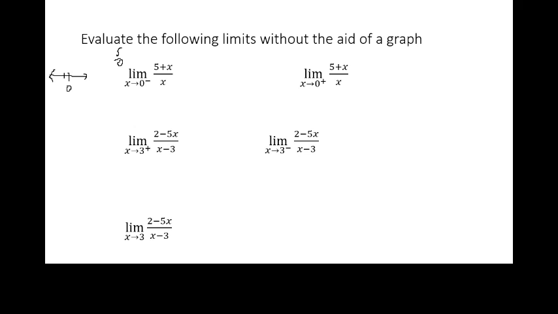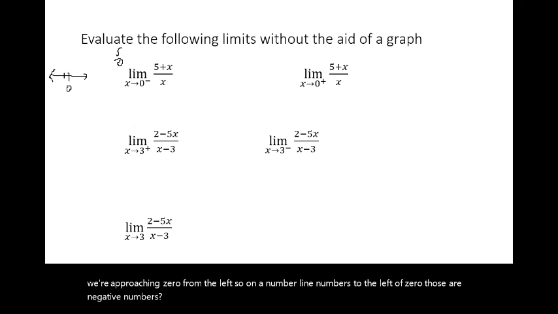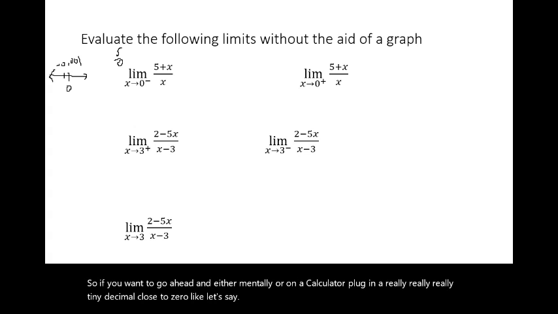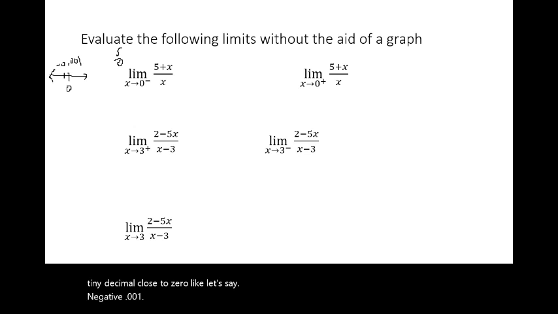If you want to, go ahead and either mentally or on a calculator, plug in a really, really tiny decimal close to 0. Like, let's say, negative 0.001. And see what happens when you plug that in. You don't really care about what the actual number is. All you care about is its sign, because this is going to be one of the infinities.